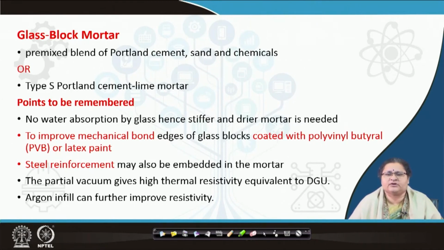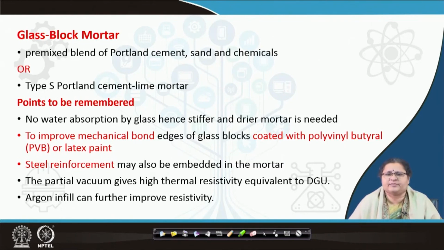Glass is not at all an absorber of water. Water absorption is 0. So, the water absorption being less, the mortar should be stiff, and to improve the mechanical bond at the edges, it may be coated with polyvinyl butyral or PVB, or even latex paints.